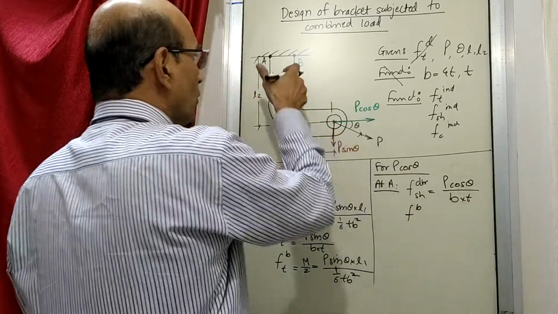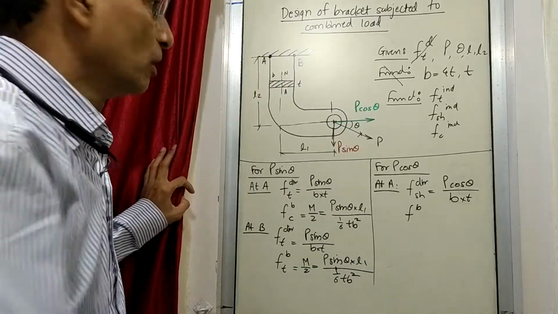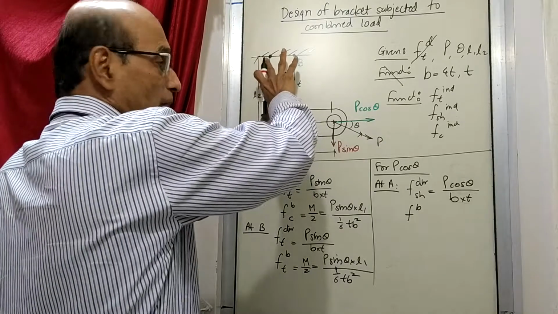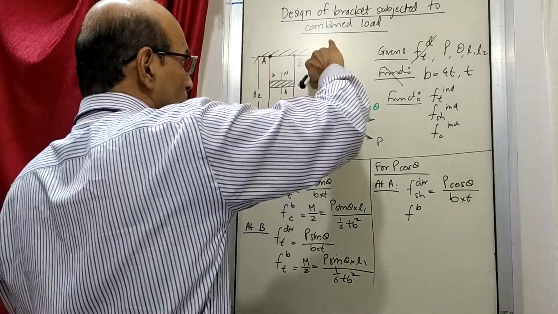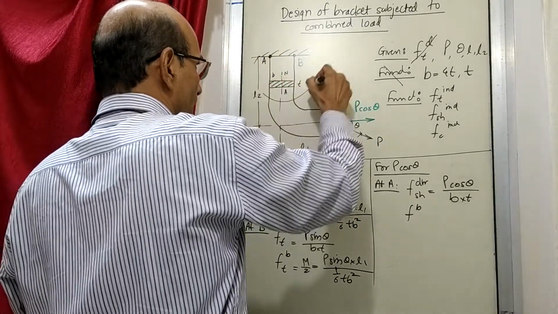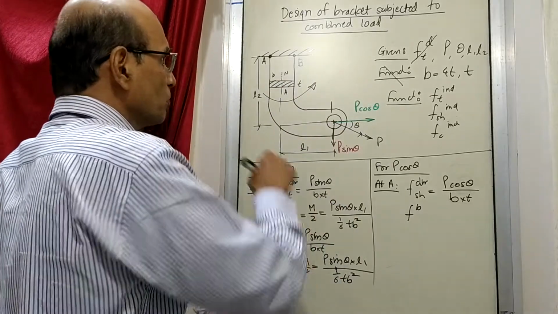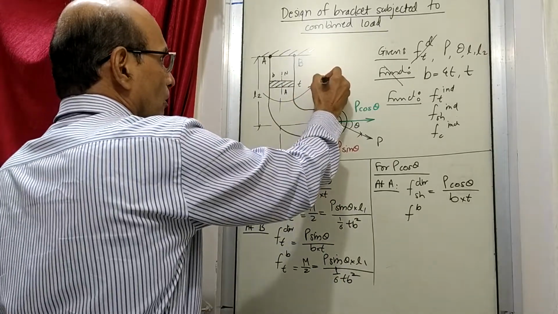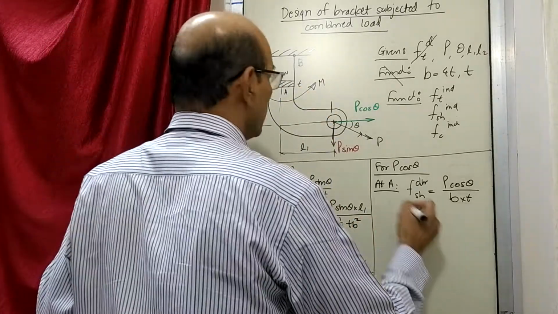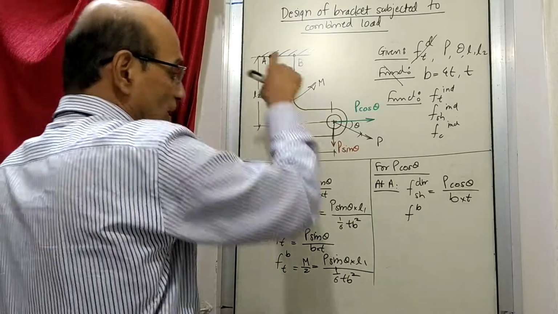Then the same P cos theta, what it will cause at A, that is a bending effect. Due to P cos theta, what is the kind of bending effect? Now this P cos theta acting at a distance of L2 will result into this kind of moment, this way. So this moment, right here, will cause tensile stress here.